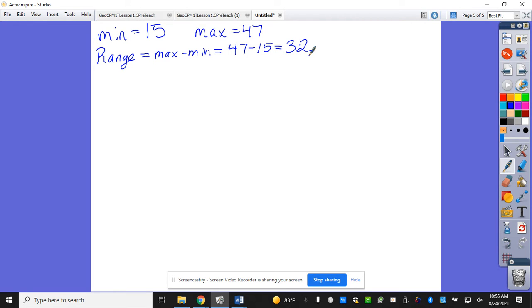Sometimes I might write this: number of classes, class width, but you don't know what that is yet. Or it could be nothing. We're going to start with the example where I give you number of classes.